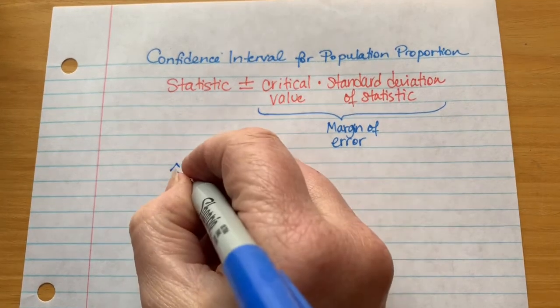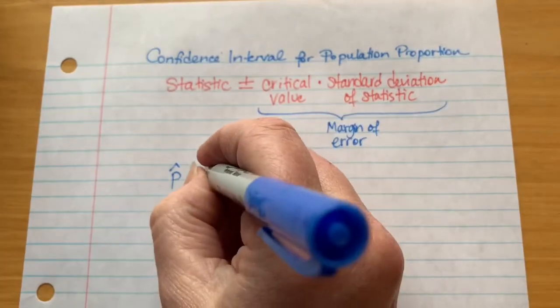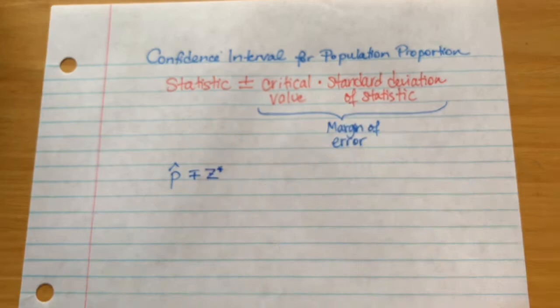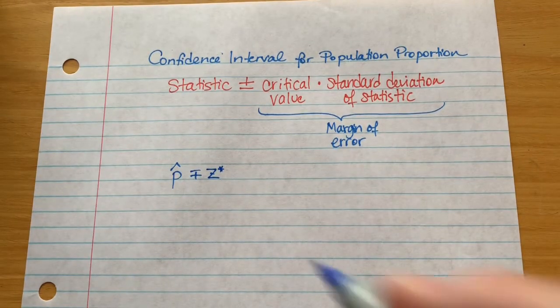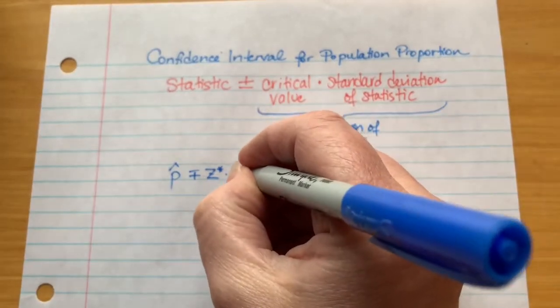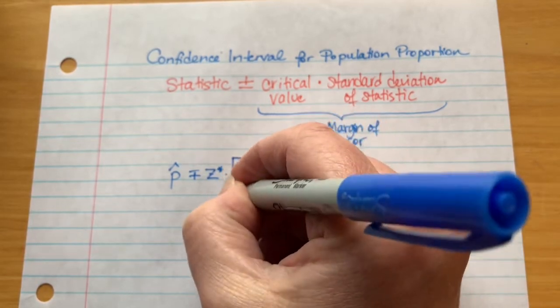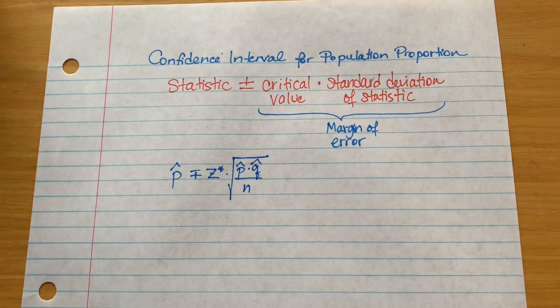Our critical value is actually going to be z, or z of alpha over 2, which is what our book is using, and then times the standard deviation of the statistic. So this is where our square root of p hat q hat over n comes in, okay? And this is how we're going to be constructing our confidence interval.